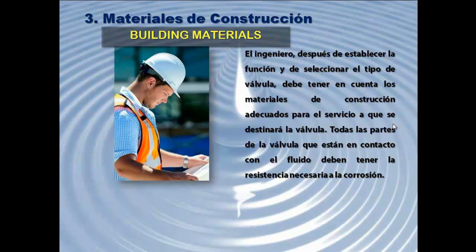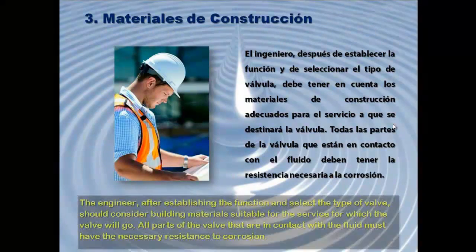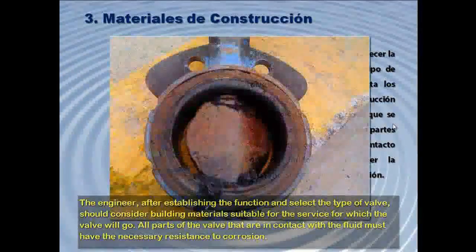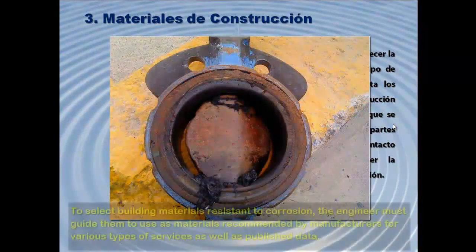Building materials. The engineer, after establishing the function and selecting the type of valve, should consider building materials suitable for the service for which the valve will be used. All parts of the valve in contact with the fluid must have the necessary resistance to corrosion.